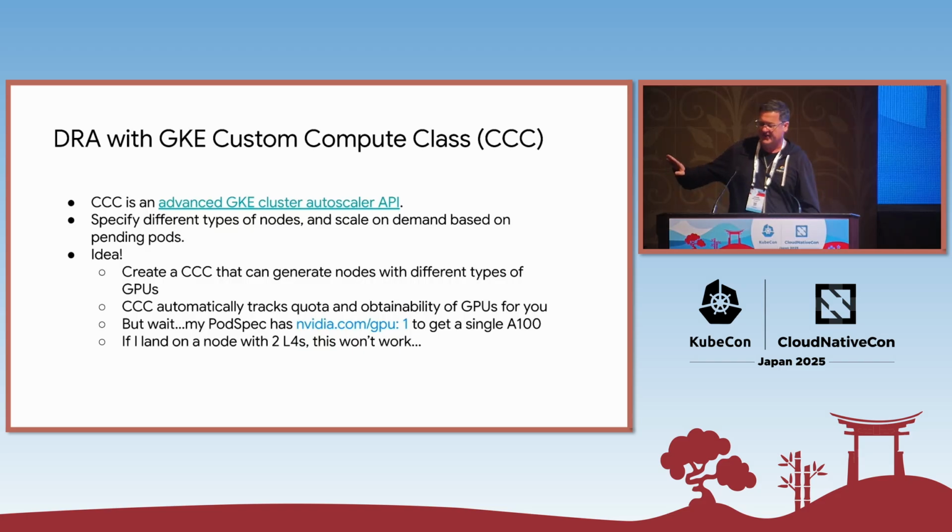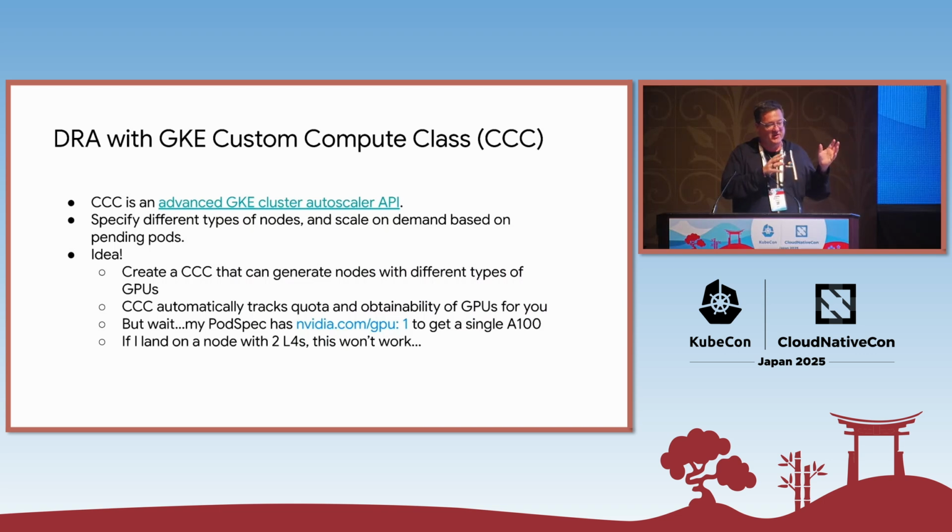Remember, Bo said you can use one A100, two L4s, or three T4s. Because we have different counts of GPUs, we needed different deployments, and therefore we needed to manually track quota and availability of different types of GPUs to know which deployment to scale. And that's a real headache.